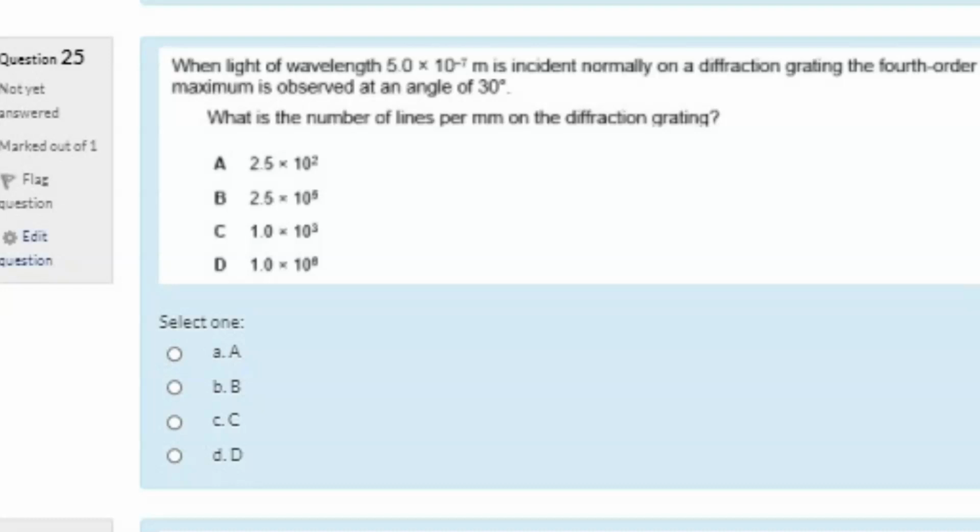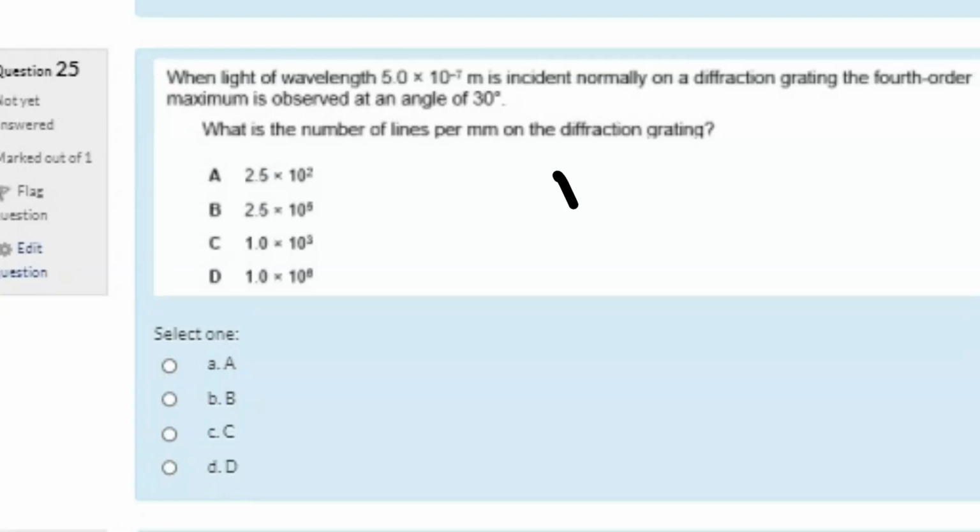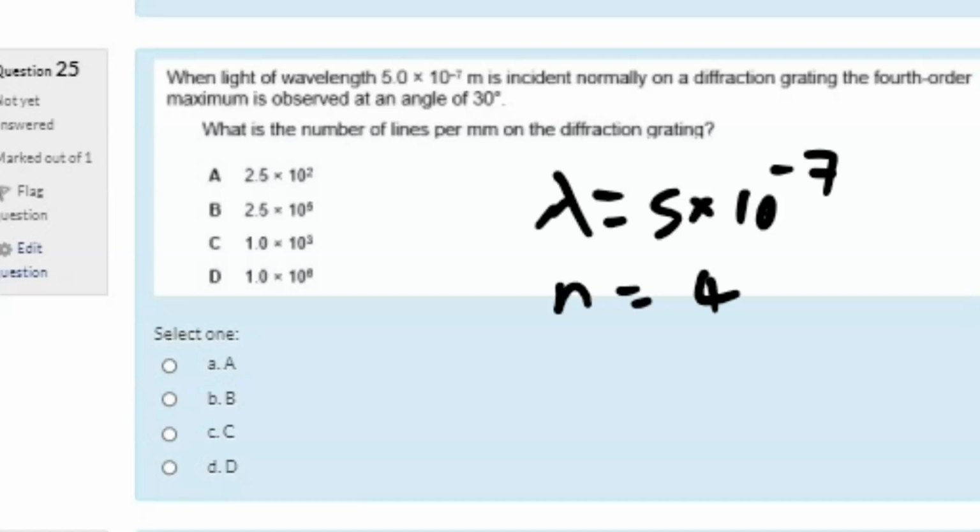Just realised I've snipped this from my screen. It's a smidge fuzzy, but hopefully it's clear enough. Right, let's have a little look. What do we know? Lambda equals 5 times 10 to the minus 7. It's n equals 4.